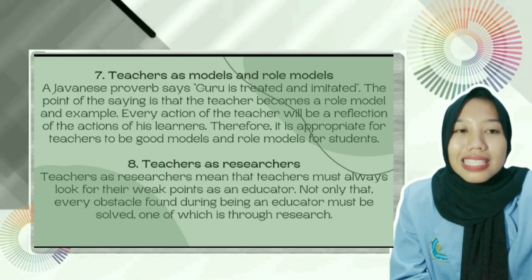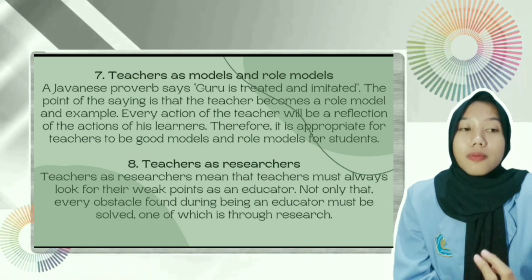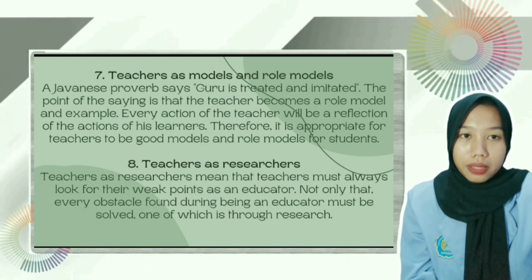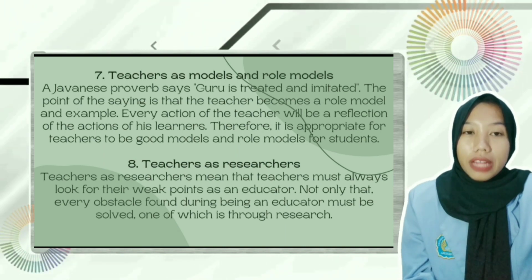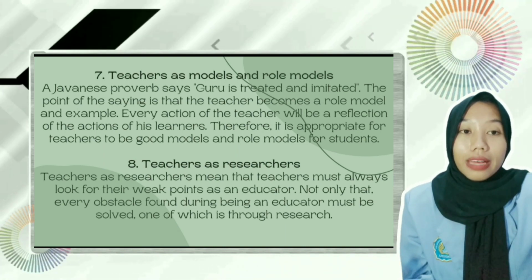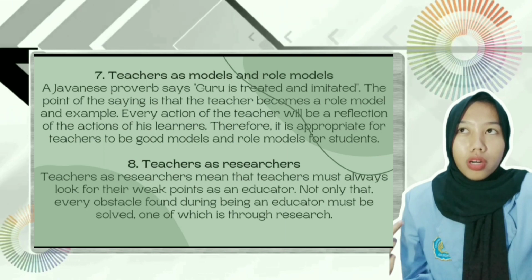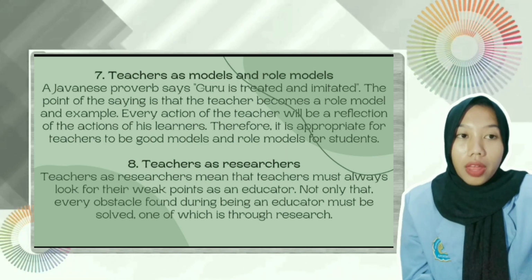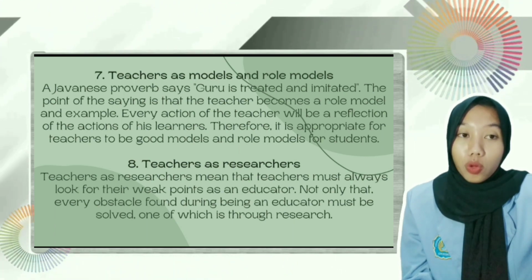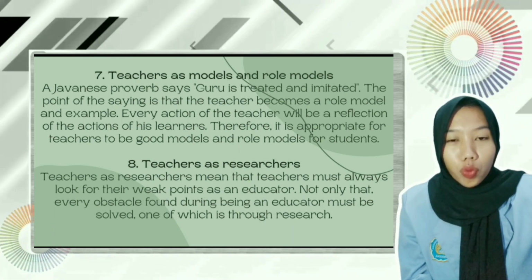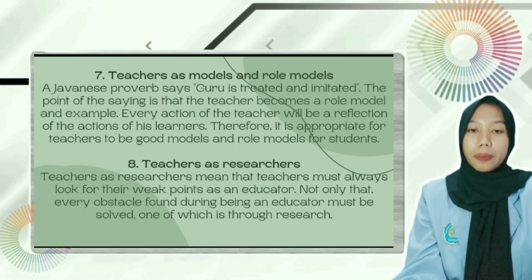The point of the saying is that the teacher becomes a role model and example. Every action of the teacher will be a reflection of the actions of their students. Therefore, it is appropriate for teachers to be good models and role models for their students.